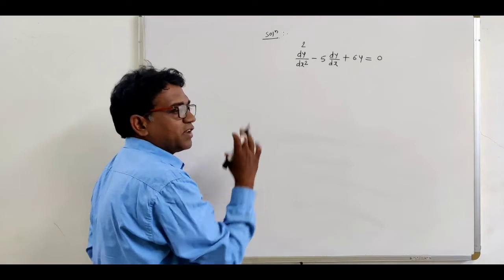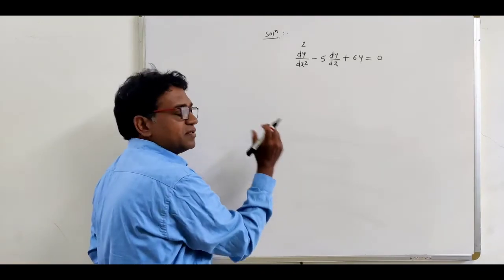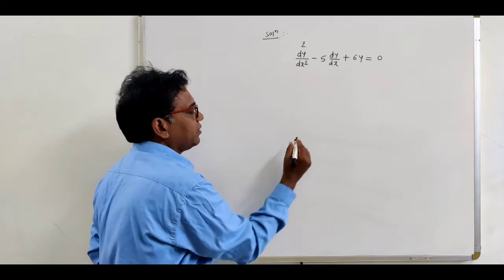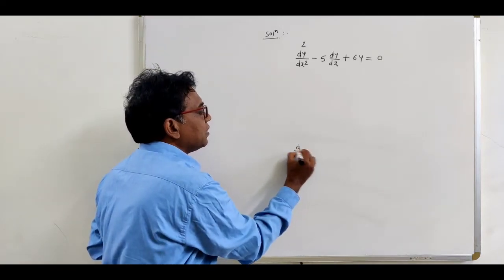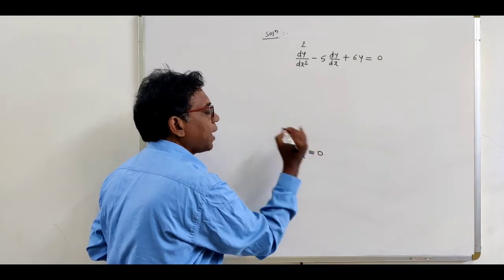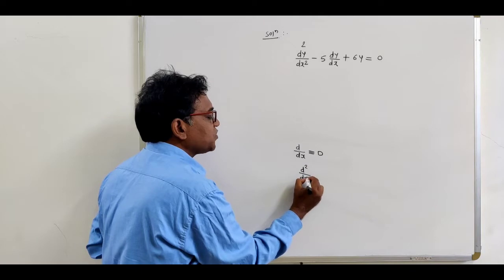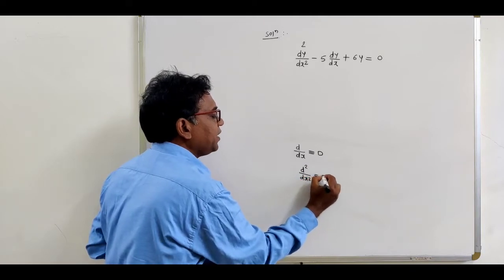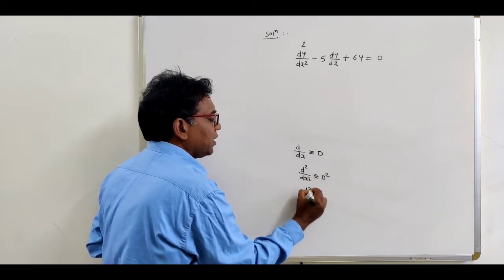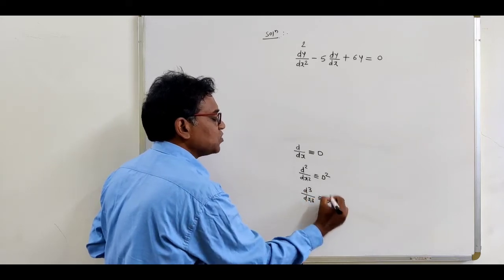Now what is the first step? We use a differential operator. We denote d by dx by capital D, d2 by dx2 by capital D2, d3 by dx3 by capital D3, and so on.